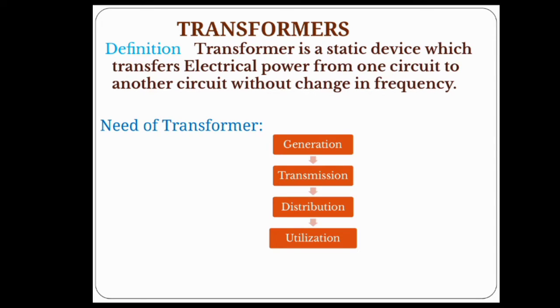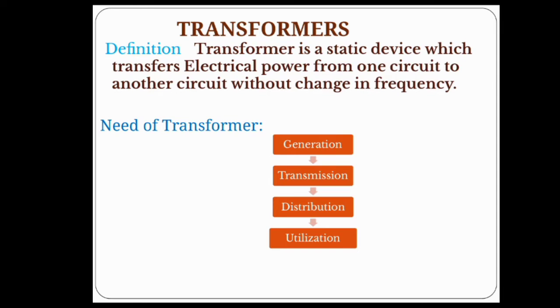It either increases the level of voltage from primary to secondary or decreases the level of voltage from primary to secondary. I will repeat again: the transformer is a static device which transfers electrical energy from one circuit to another circuit without changing frequency, and it transfers the power either increasing the voltage or decreasing the voltage.